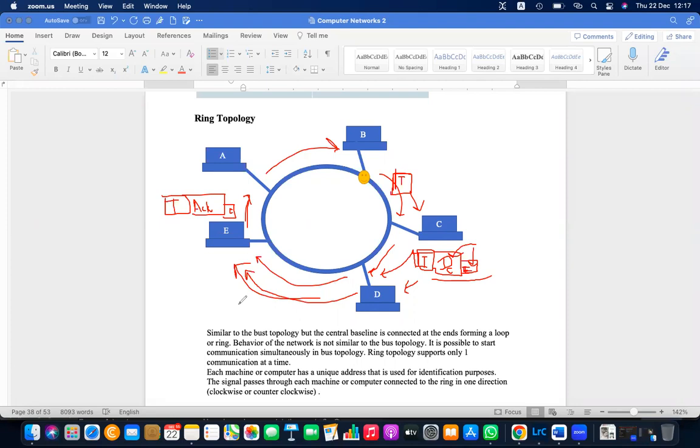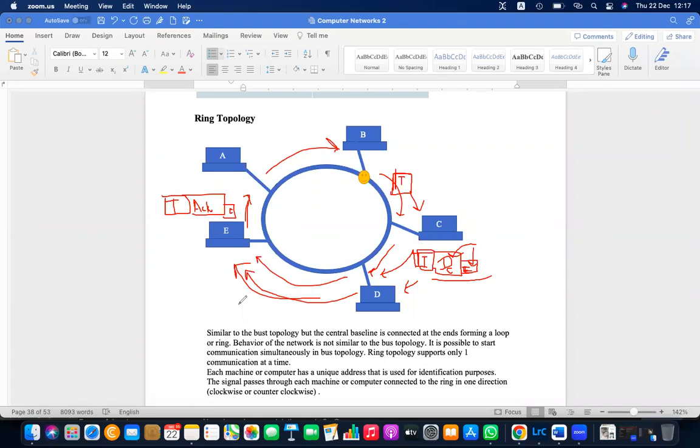But this does not support multiple access. It is only single access. Only one party can access, not multiple parties.